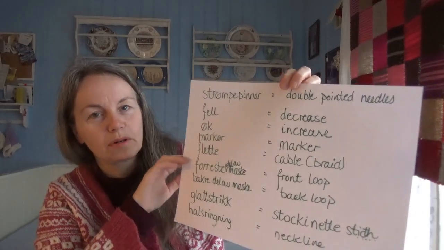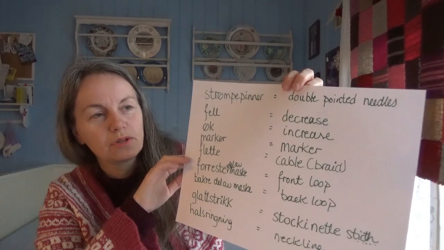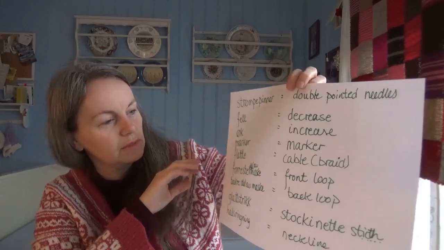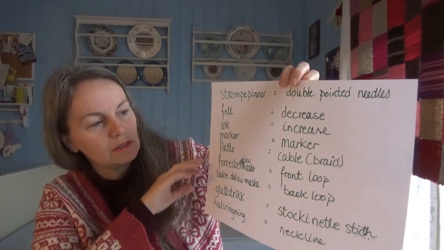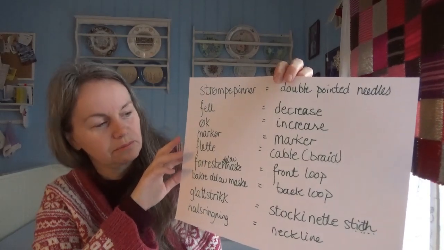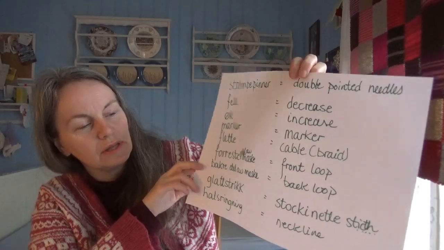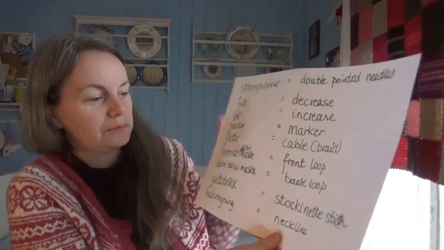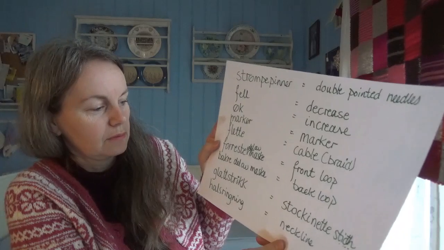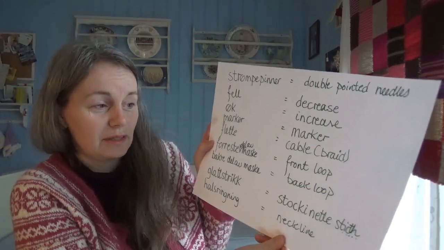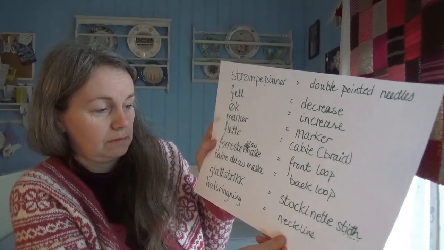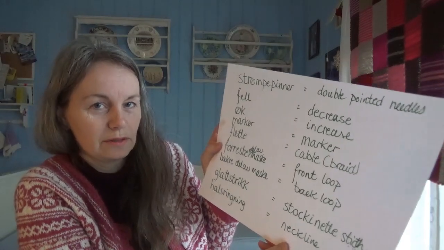Markør, that is marker. Or maskemarkør, stitch marker. Flette, that is a braid or a cable. Forreste del av maske, that is front loop of a stitch. Bakre del, that means the back loop of a stitch. That's important to know when you increase.